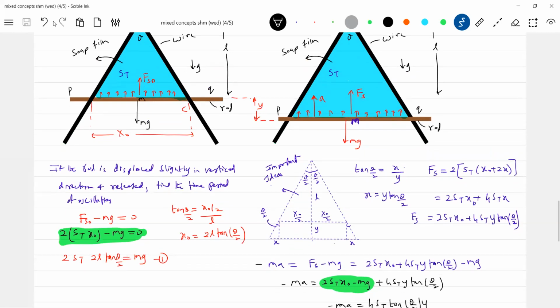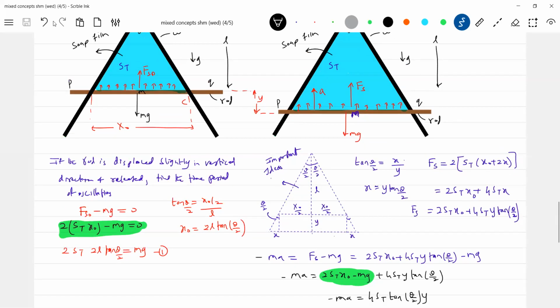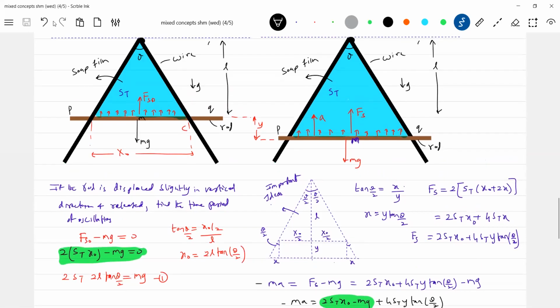Earlier we defined it, no? In terms of tan theta by 2, we brought the answer.